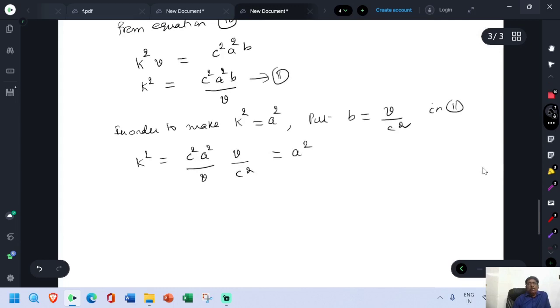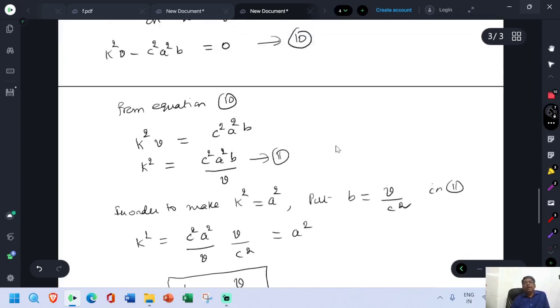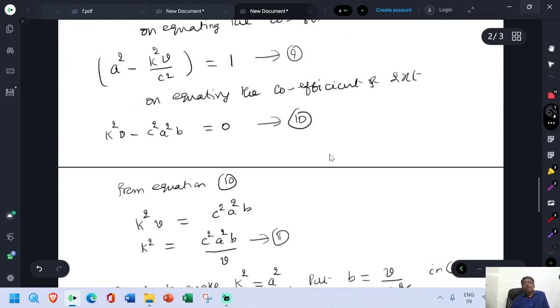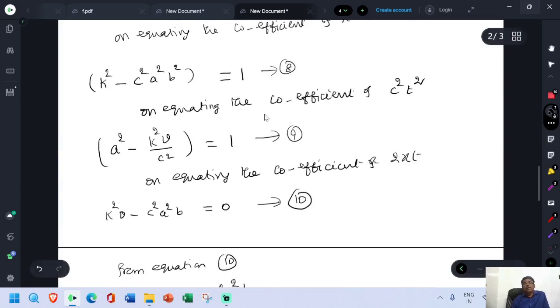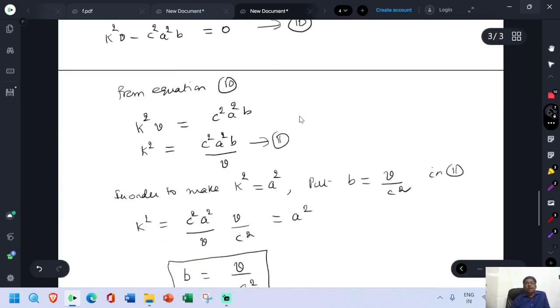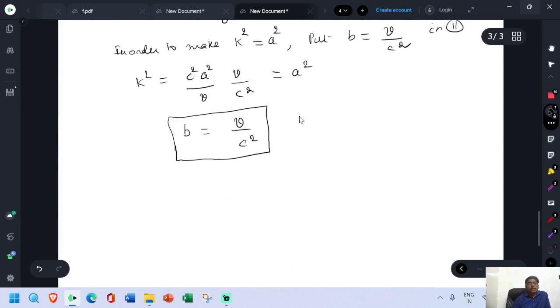Now we have had one result, k square is equal to a square, and the value of b is equal to v by c square. Now come to the first equation, the 8th equation. From equation 8, what is 8?